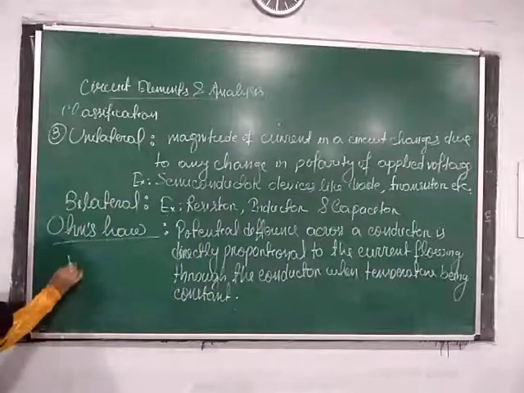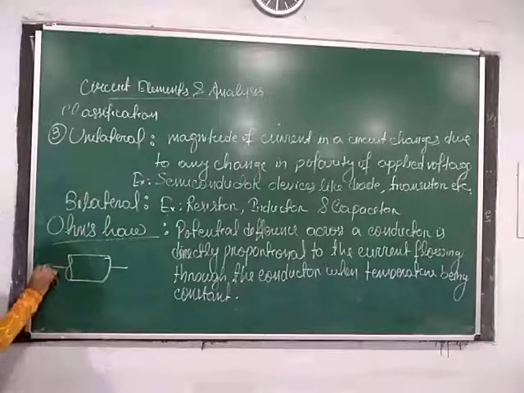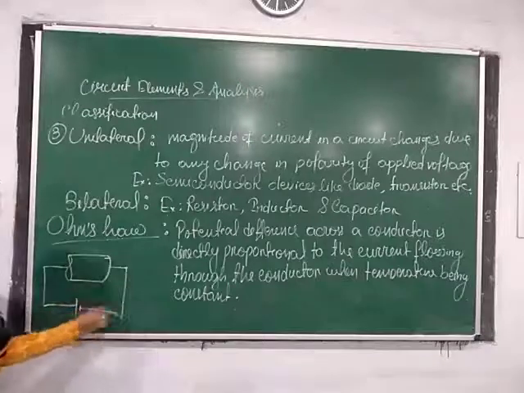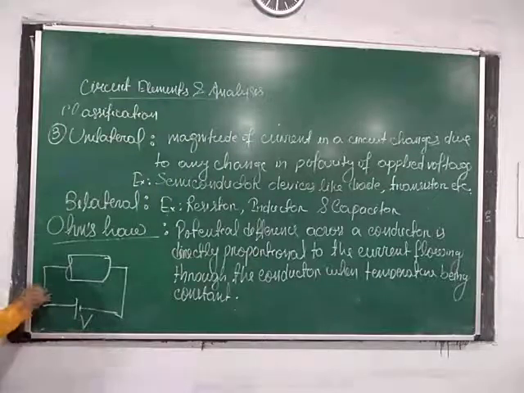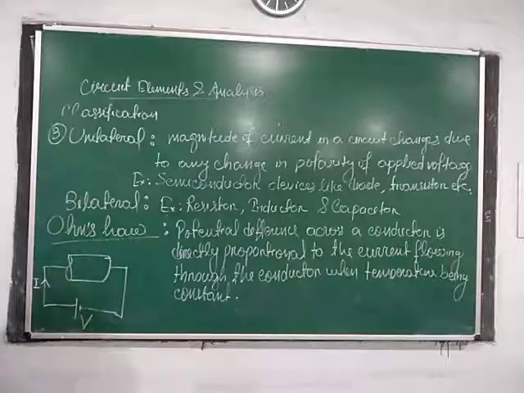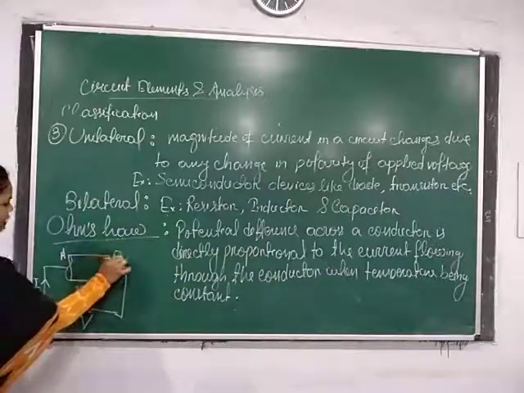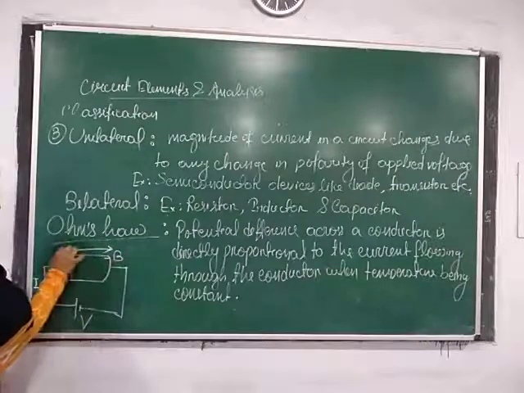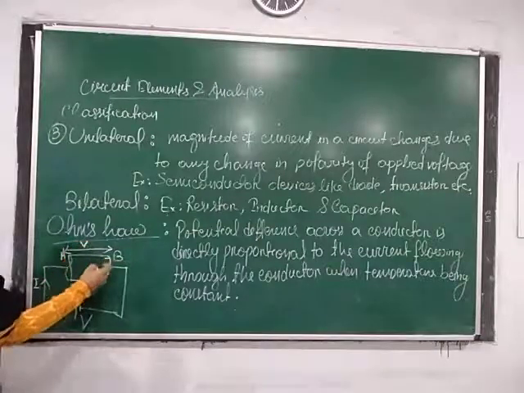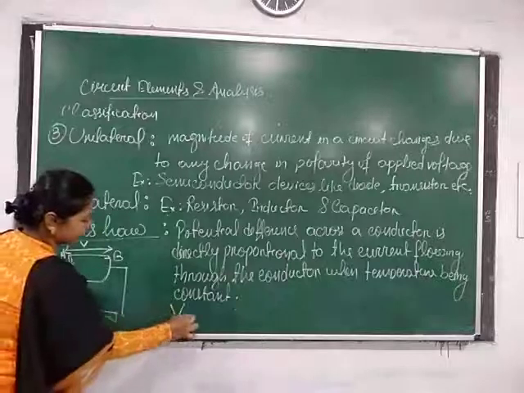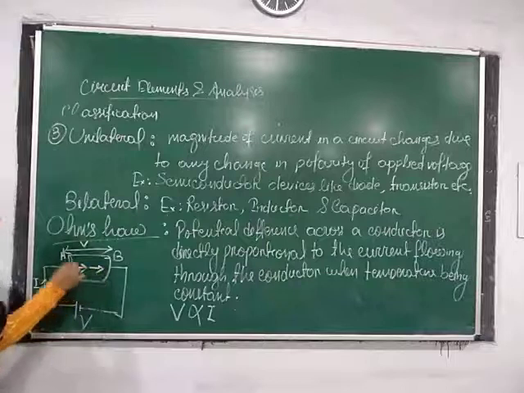Let us consider a conductor and connect it across a battery having the voltage V. So current is flowing through this conductor. Let this point be A and this point be B. The potential difference between these two points, meaning across this conductor, is V. According to Ohm's law, this V is directly proportional to the current flowing through this conductor.